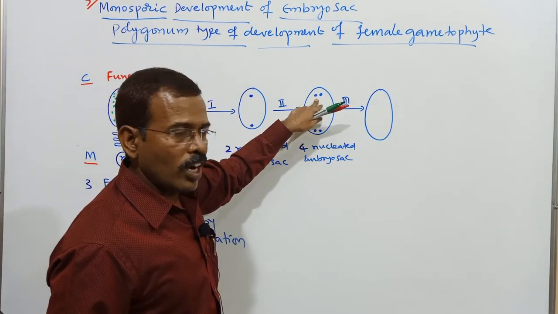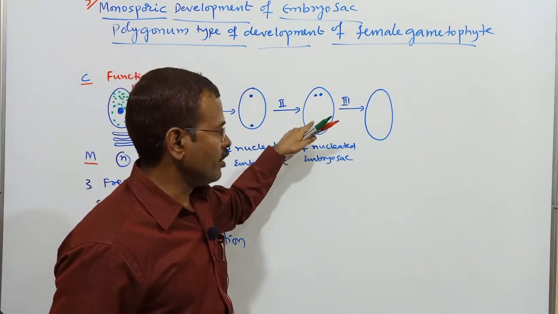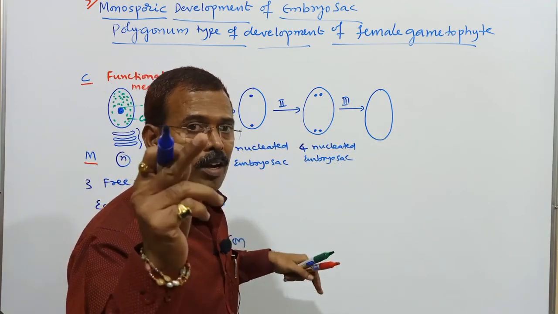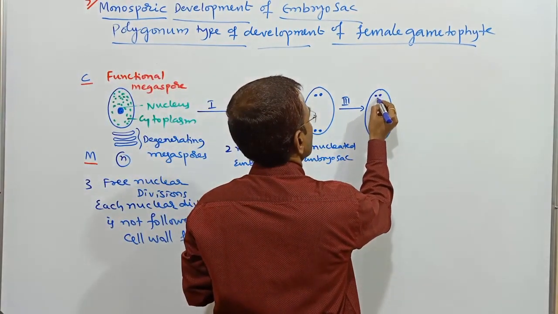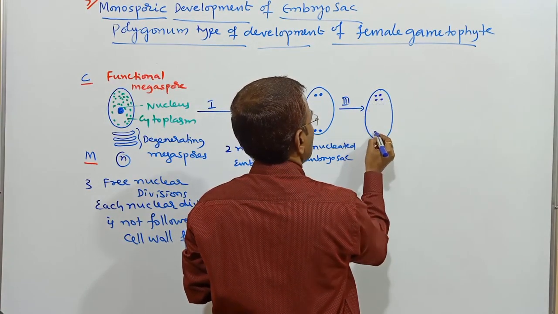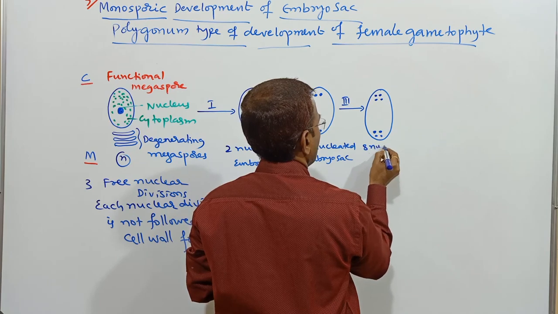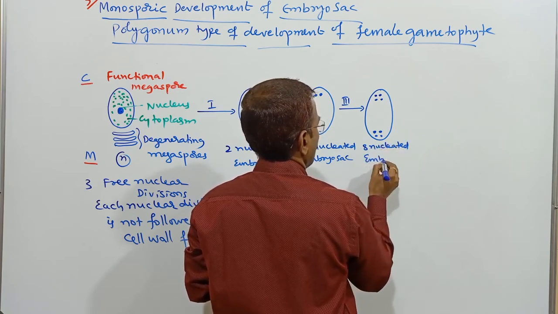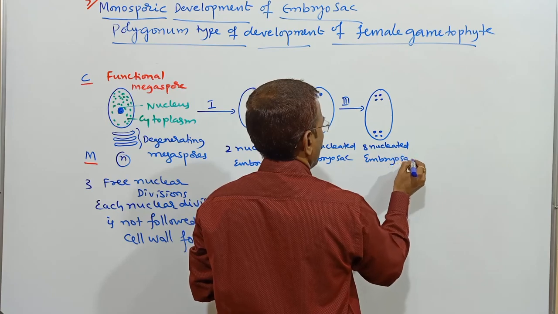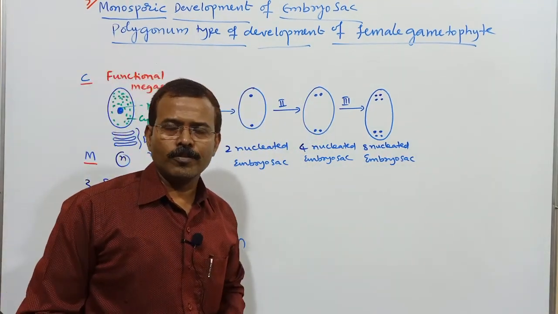These two nuclei divide and form 4. Similarly, these two form 4. Total, we will get 8 nuclei here.